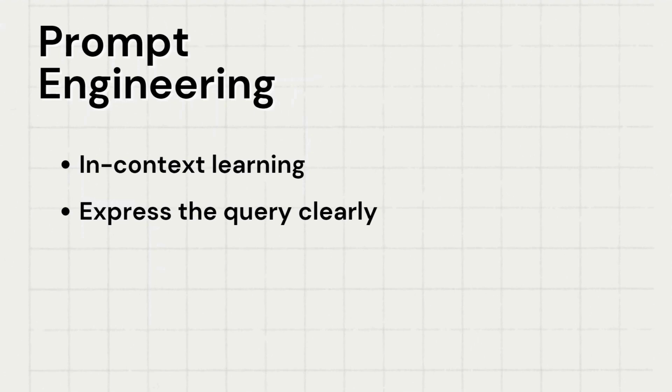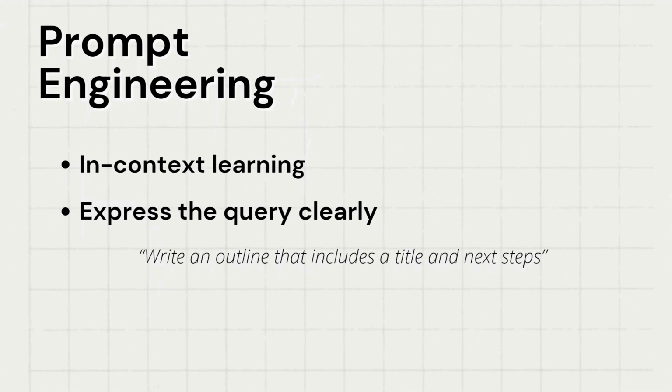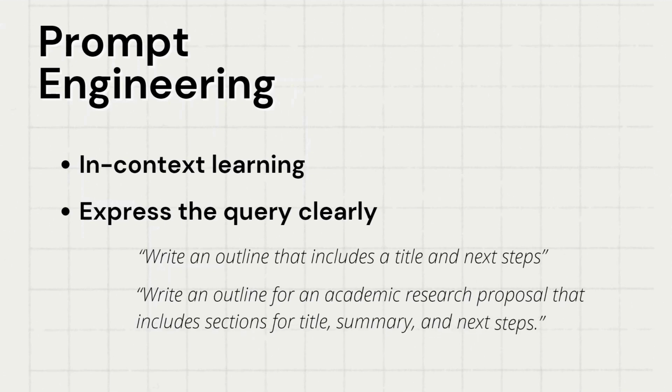For example, consider the sentence: Write an outline that includes a title and next steps. Now this sentence as a query is not that clear when I compare it to the next sentence which says: write an outline for an academic research proposal that includes sections for title, summary and next steps. I hope you get the idea, right?